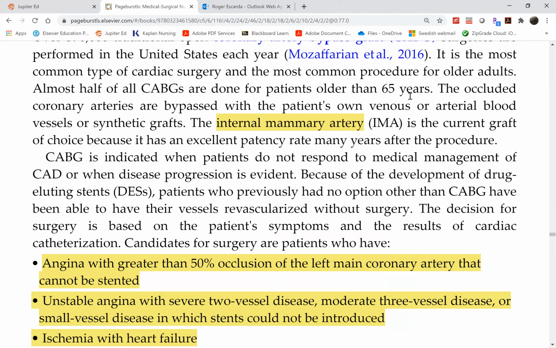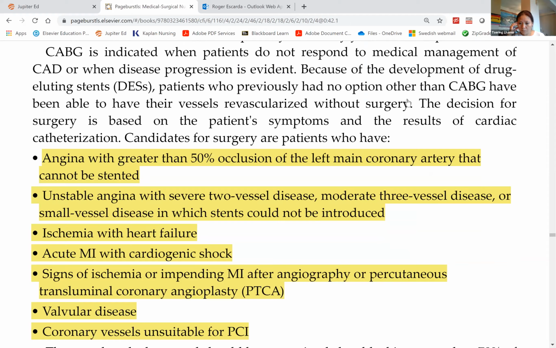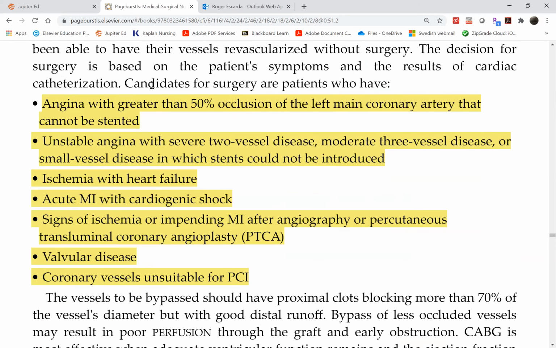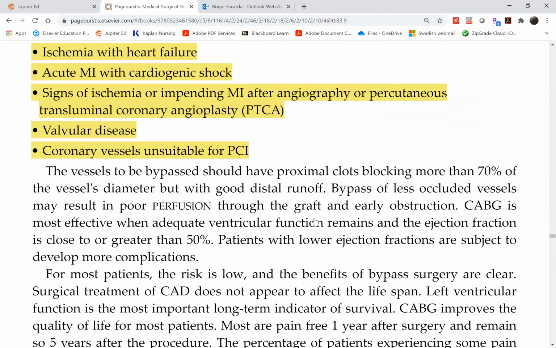So on top of your chest incisions, the patient will also have at least 2 incisions on the leg. These are your indications why we would do open heart surgery or bypass graft versus the cardiac lab. These are your indications. So that's a good select all that apply question there.